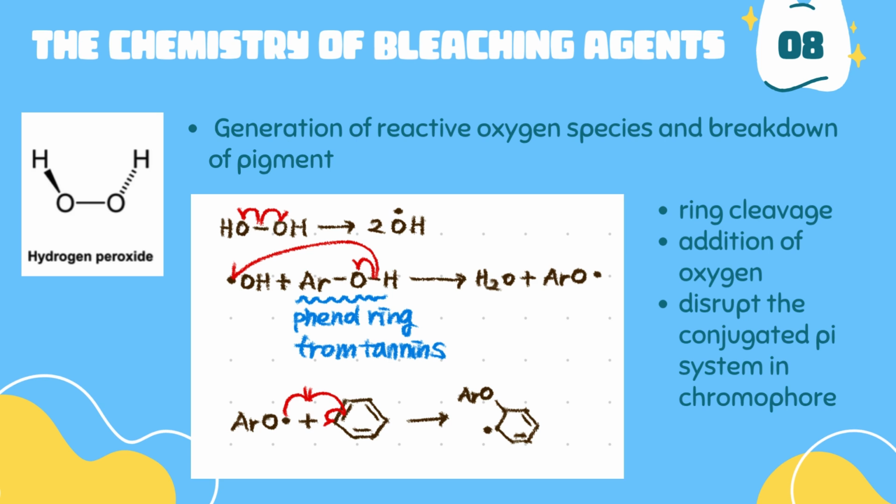They seek out other molecules to react with, and in this case, they target the chromophores that cause staining. The radicals break the conjugated double bonds in the chromophore, which removes their ability to absorb visible light, effectively making them colorless. This is how bleaching chemically removes the visible stain from your teeth.